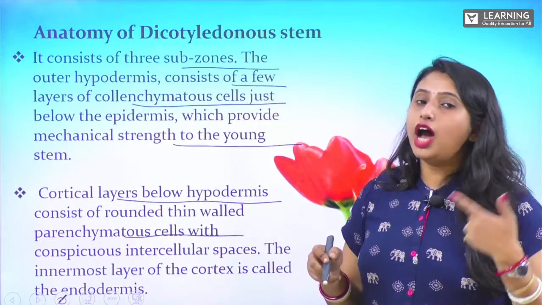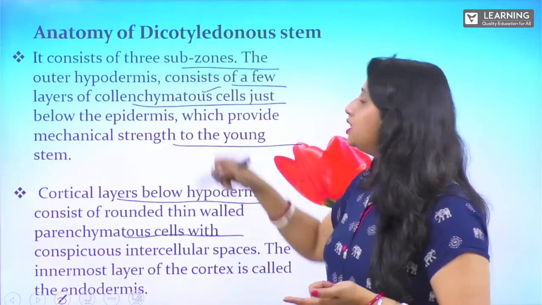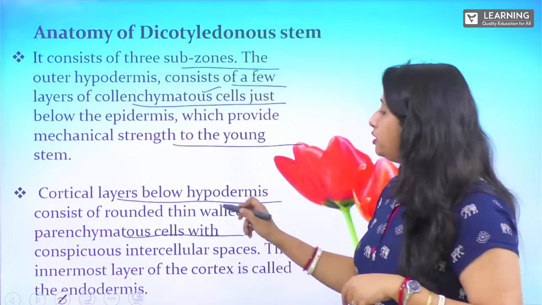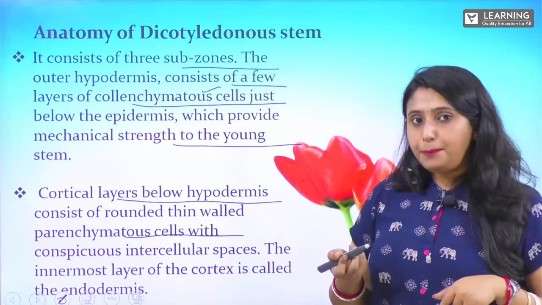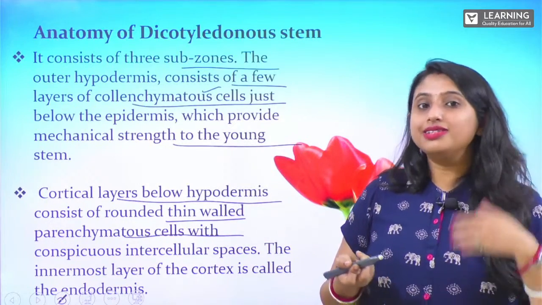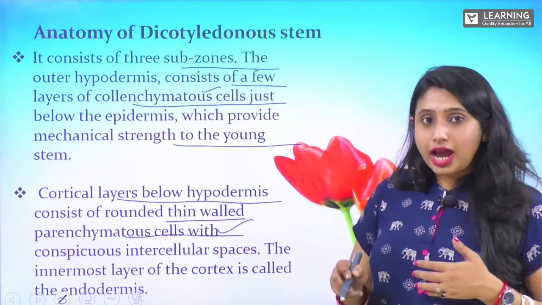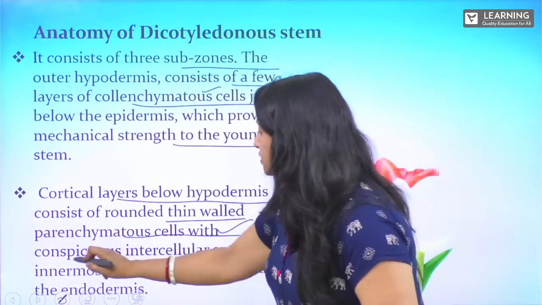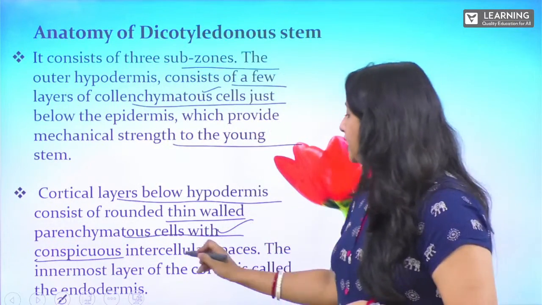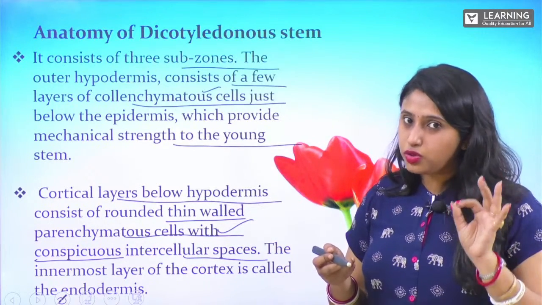The hypodermis is below the epidermis, and it bears thin-walled cells. Always the parenchyma cells are thin, isn't it? So they have thin-walled parenchyma cells, with conspicuous, that is visible, intercellular spaces in between them.